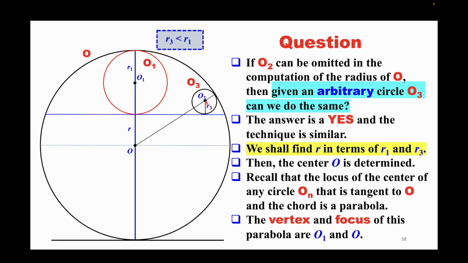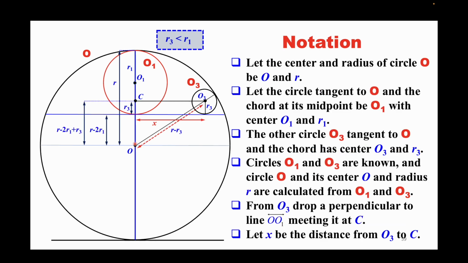And also, the center of O3 lies on a parabola. So its vertex, the focus of this parabola is O1, the vertex, and the focus O. So we still need some notations.